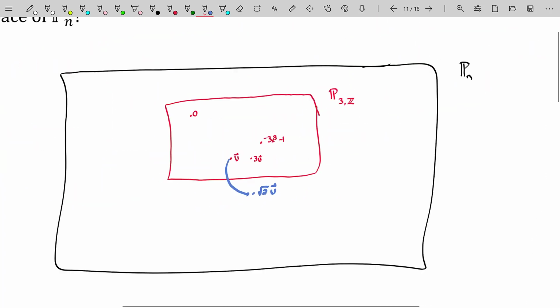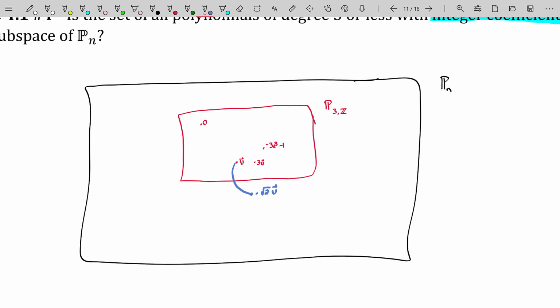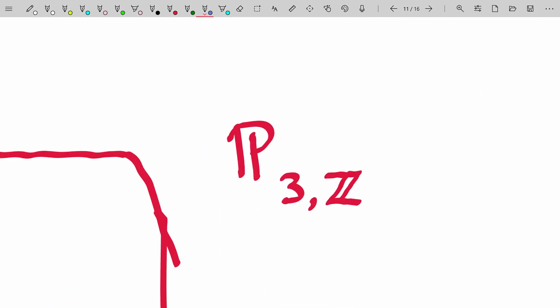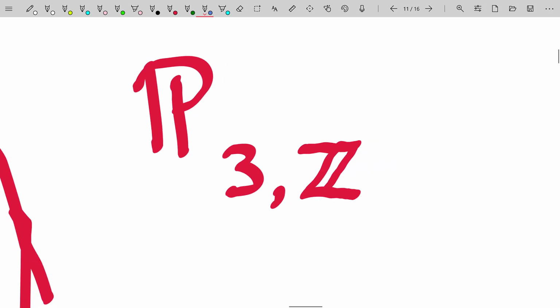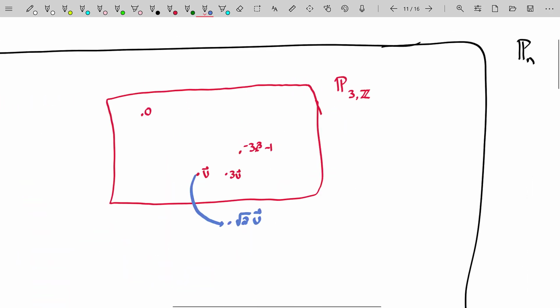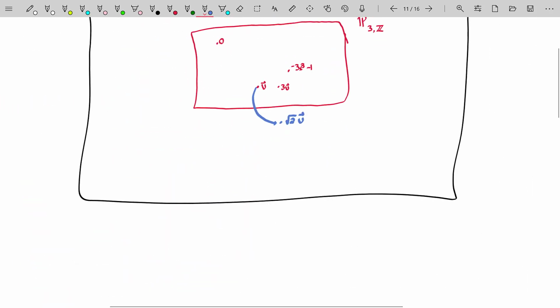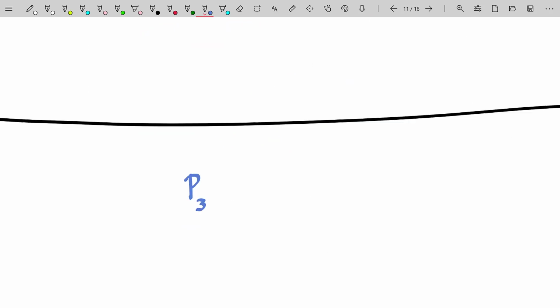They will still be in P sub n, which is a set of all polynomials of degree n or less, but they will not be in P sub 3,Z, because that polynomial specifically that we just created does not have integer coefficients. So therefore, P sub 3,Z is not closed under scalar multiplication.